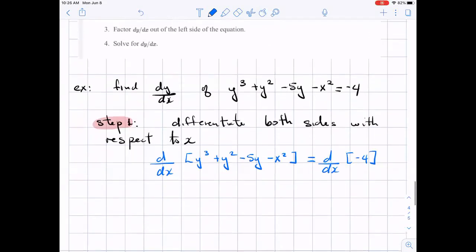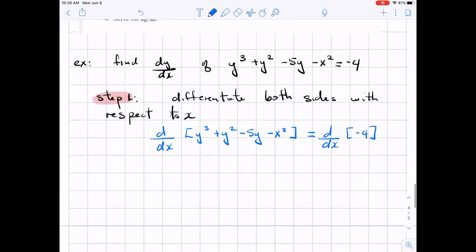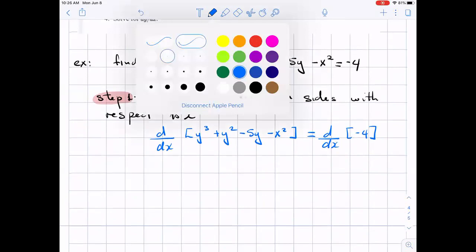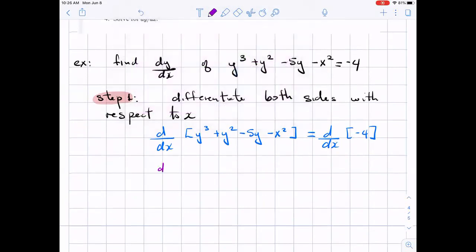Now, since these are all sum, we're going to differentiate each one of them. So if we separate it, this is just d dx of y cubed plus d dx of y squared minus d dx of 5y minus d dx of x squared, and that is equal to d dx of negative 4.